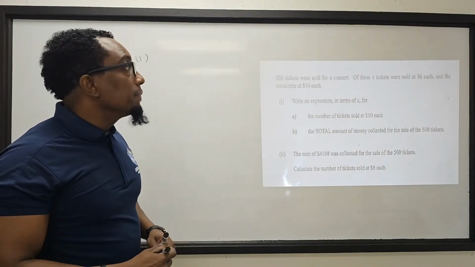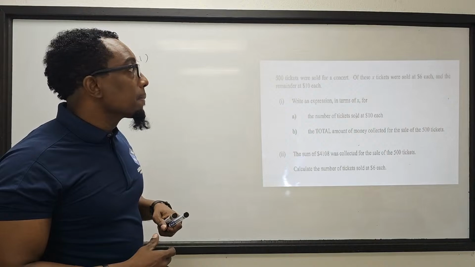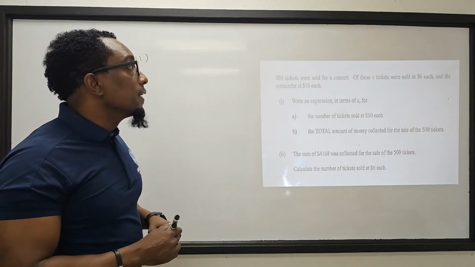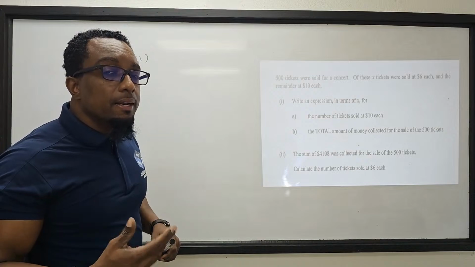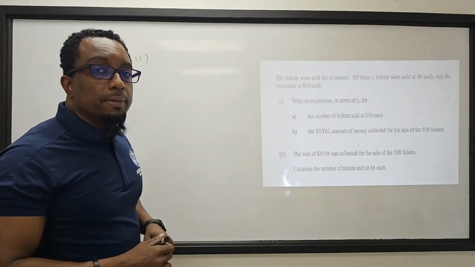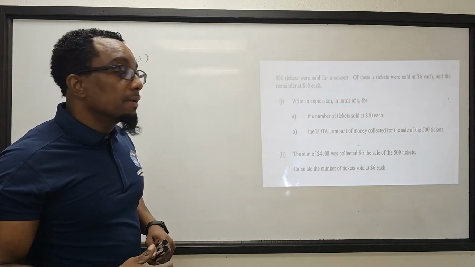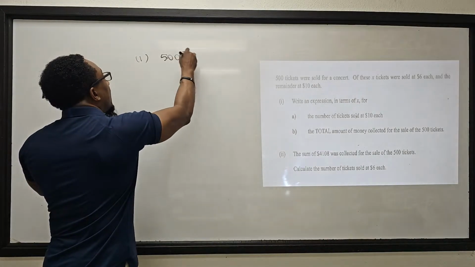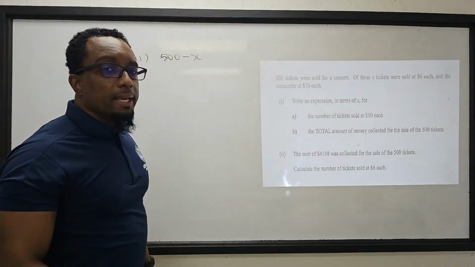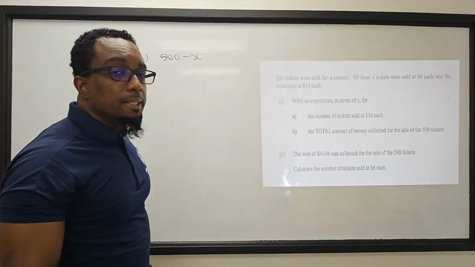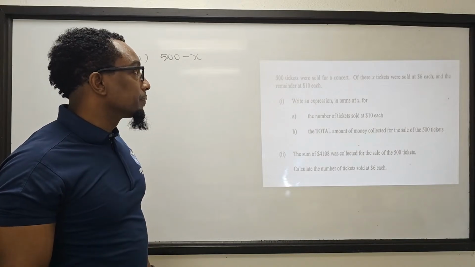If you sold x tickets for $6, and the remainder for $10 each, then the remainder will be what is left. And what is left will be simply 500 minus x. So subtract x tickets from the 500, which will be the remainder, represented as 500 minus x.